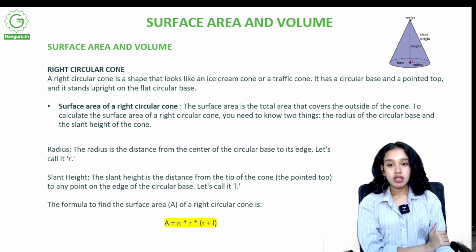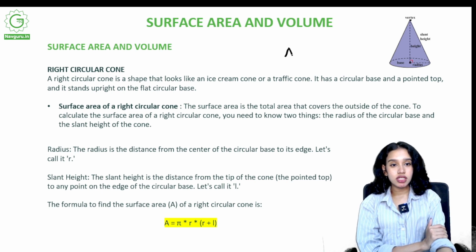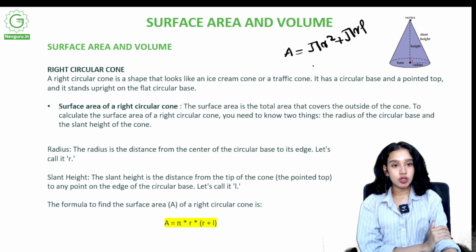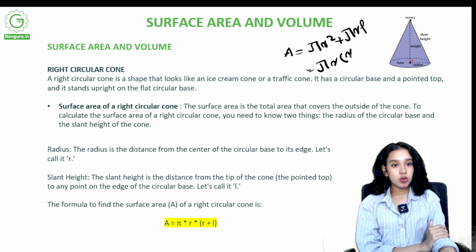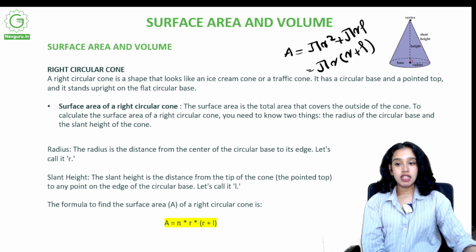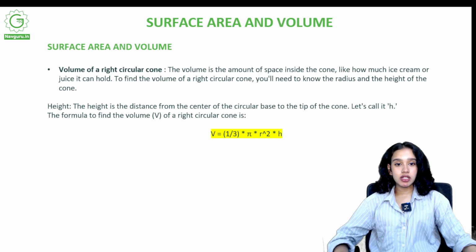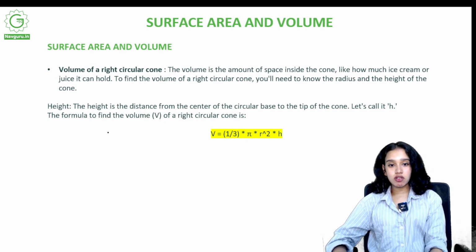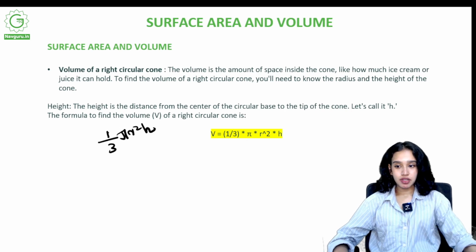Now, we know what radius and slant height are. Surface area of a cone would be, we talked about it, pi r square plus pi r l. So, this becomes pi r into r plus l, right? Now, let us talk about the volume of the circular cone. Volume of the circular cone would be 1 by 3 pi r square h, right?